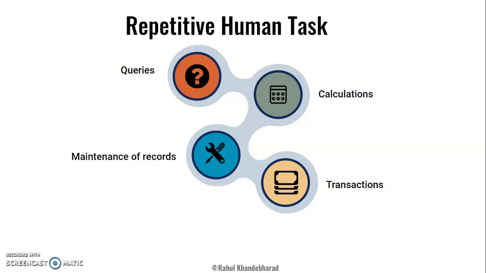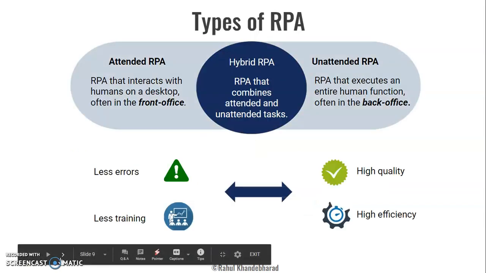And also handling transactions, meaning what amount has gone out and what amount has come in to the bank or the factory. All these four types of repetitive tasks can be done by robotic process automation, that is by that software.